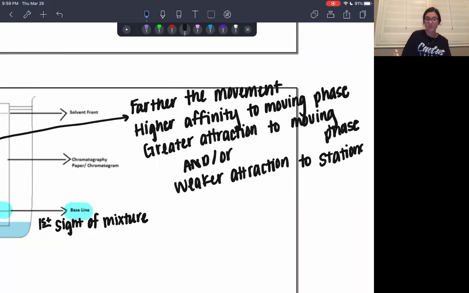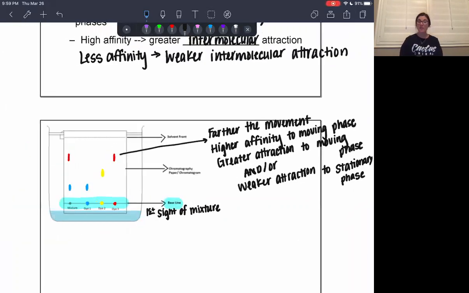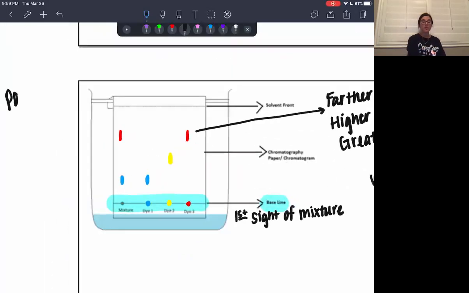So if I knew the polarity of my moving phase and my stationary phase, I can make some assumptions about the polarity of my components based off of how far they moved. So once again, in the margin, I'm going to make a note here. Paper is polar, which means that the solvent that you're usually dipping in is going to be non-polar.